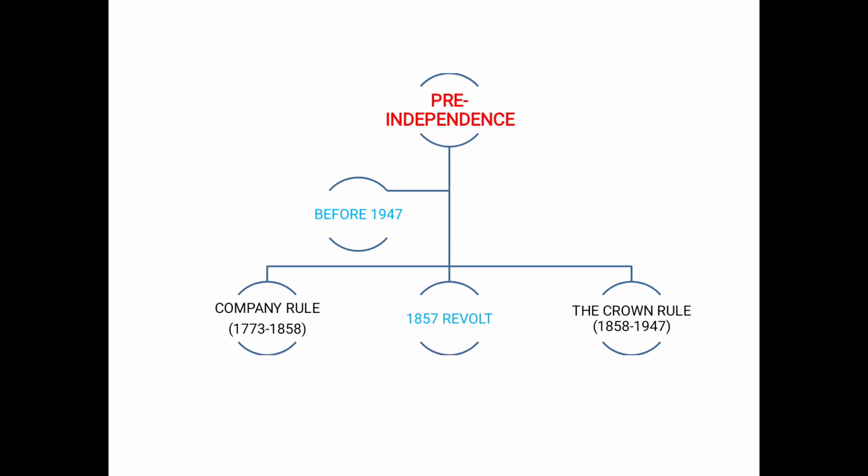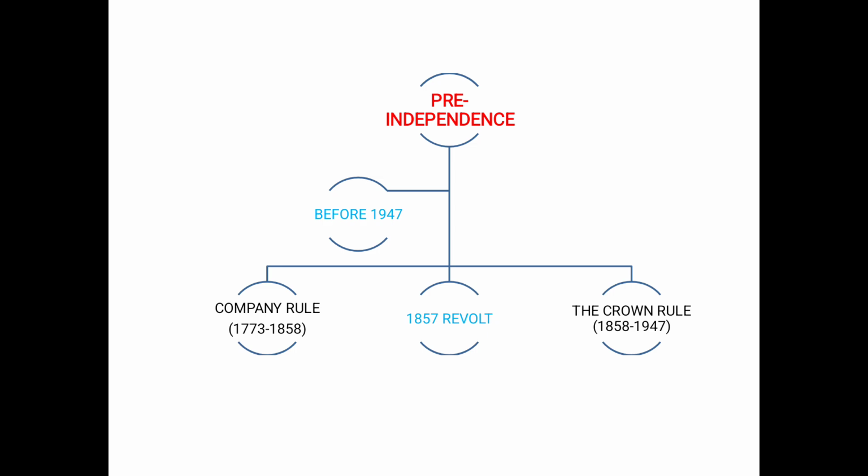The Britishers first came to India as traders in the form of the East India Company. But after a certain period, the British Crown realized that the East India Company was taking over powers. So the Crown took over, and ruled the later period of the pre-independence era.